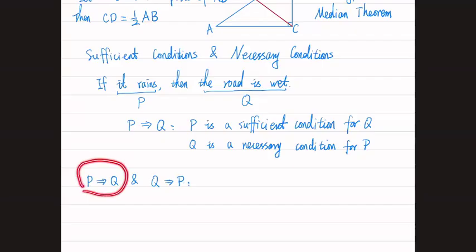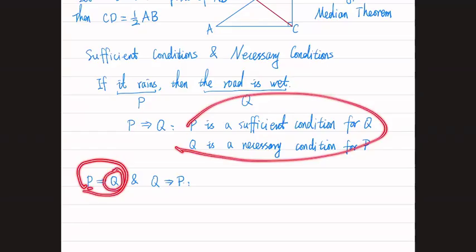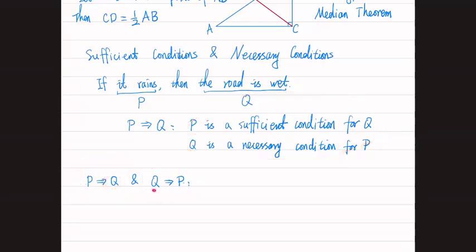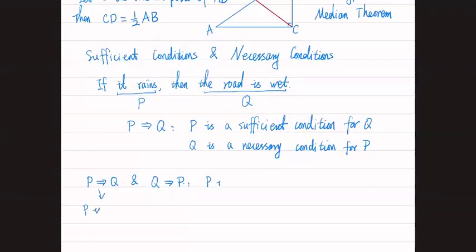The first one, according to our definition, P is a sufficient condition of Q. The second one, according to our definition, Q implies P, so P is a necessary condition of Q. Therefore, P is sufficient, and this one implies P is a necessary condition.